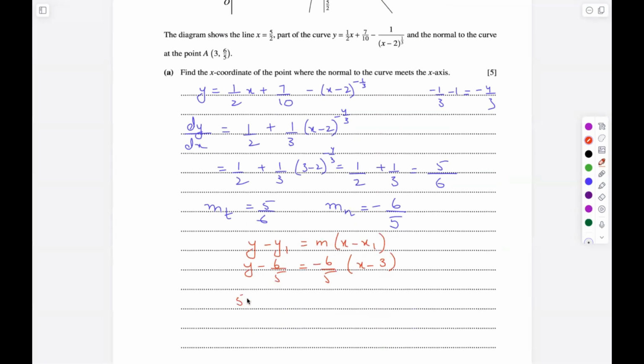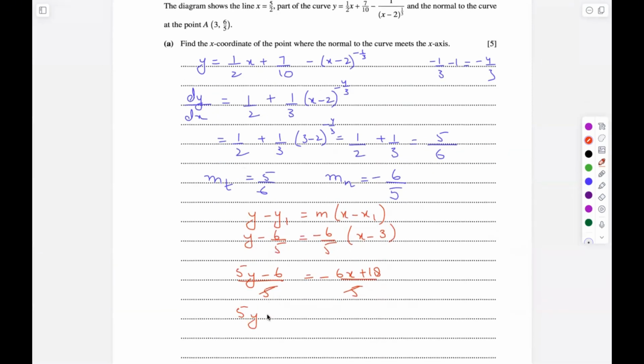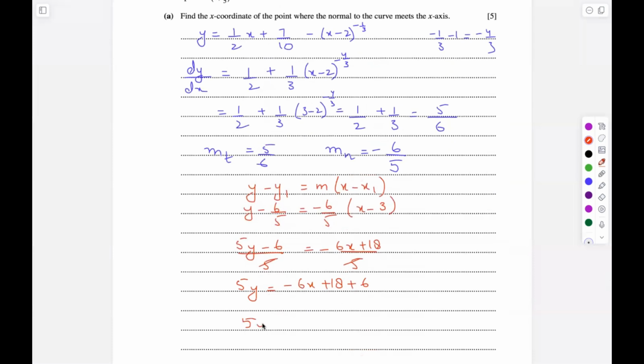Taking the LCM, this will become (5y − 6)/5 = (−6x + 18)/5. The 5 and 5 will cancel on both sides. So the final equation will be 5y = −6x + 18 + 6, so this will be 5y = −6x + 24.